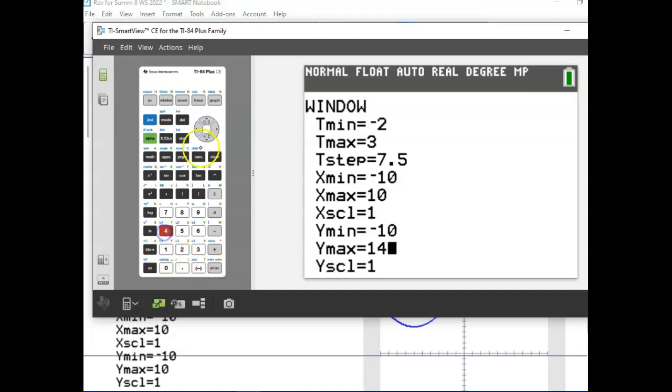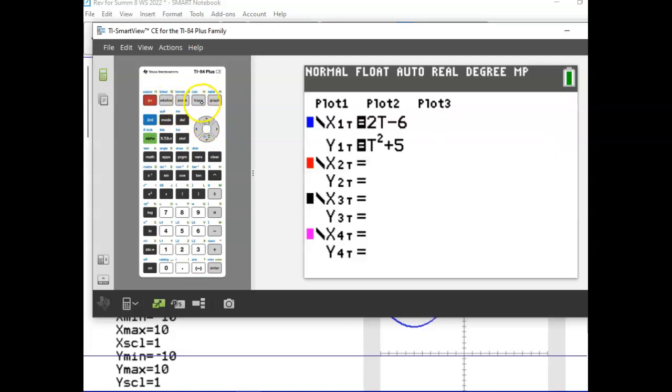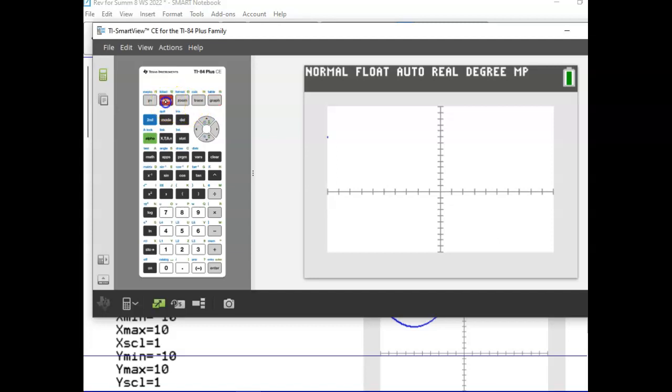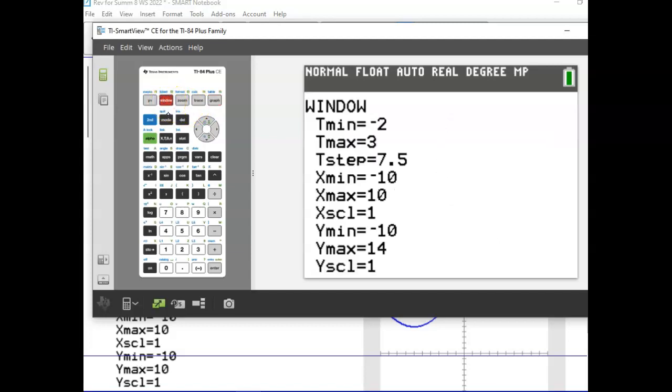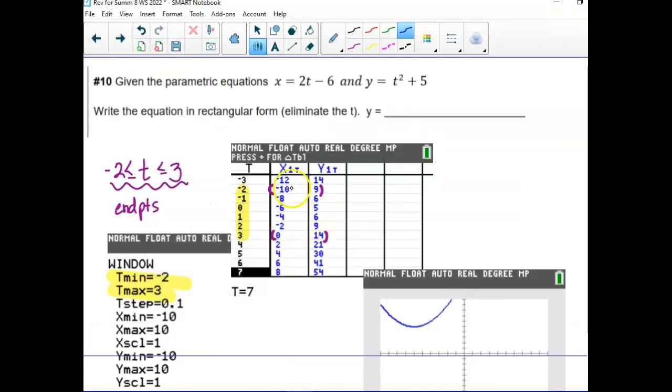Was it at 14, guys? Okay. Why is it not graphing? What did I mess up? Oh, the t-step. All right. But it does ask you, it started at -10.9. It does ask you to indicate orientation. So as you plot the points, you have to put those little arrows on there, okay? I feel like we haven't reviewed this very well, so I'm going to be very generous on this on the quiz, okay?